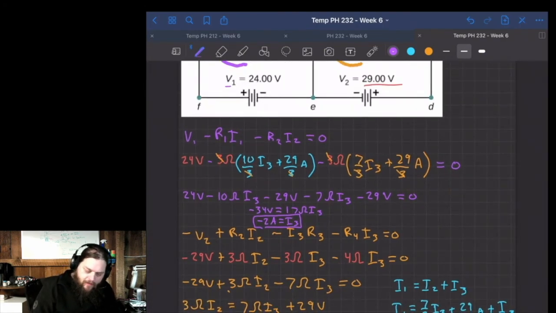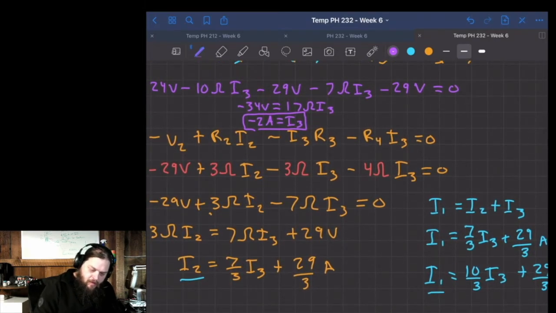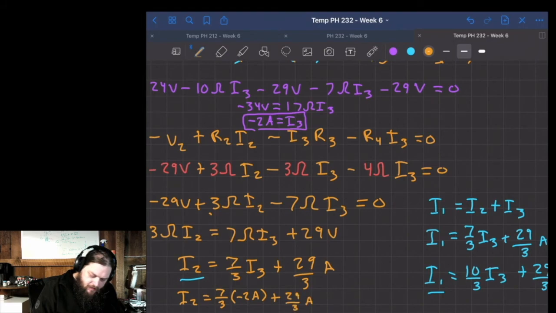Now we can plug that value into our other two equations down here. Starting to run out of space, but we can see that I2 is going to equal 7 over 3 times negative 2 amps plus 29 over 3 amps.